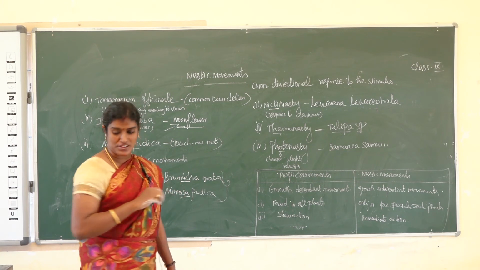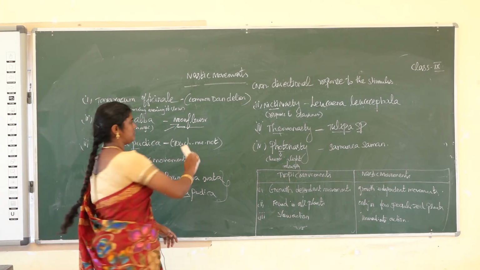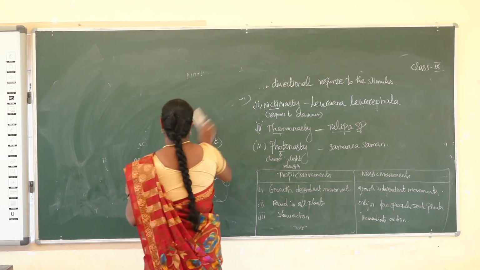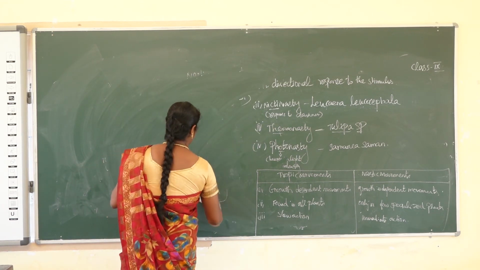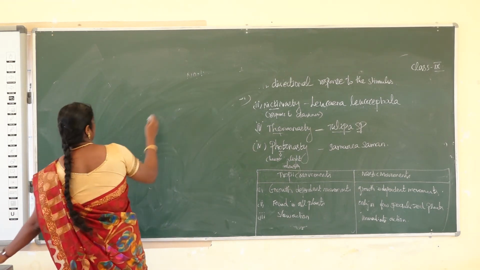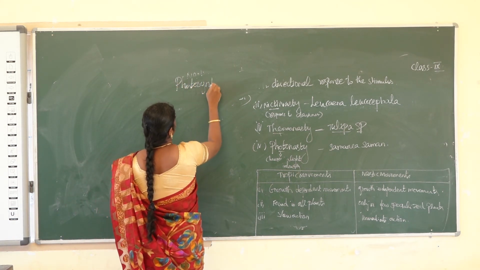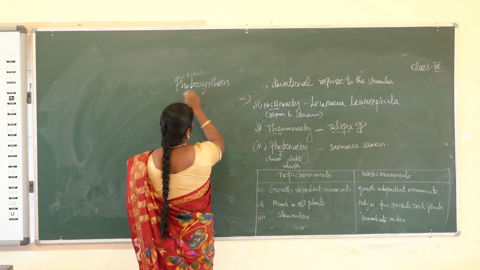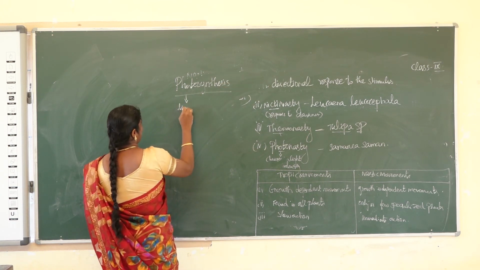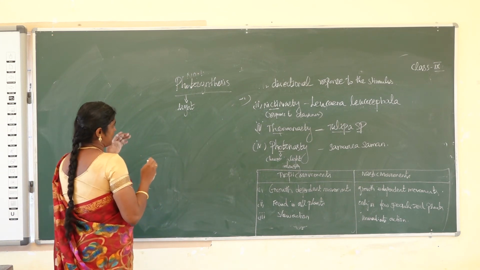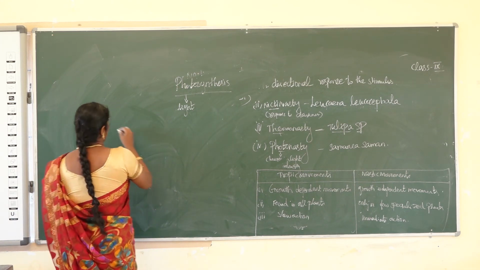Next topic, photosynthesis. Photo means light. Green plants prepare their own food by this process.